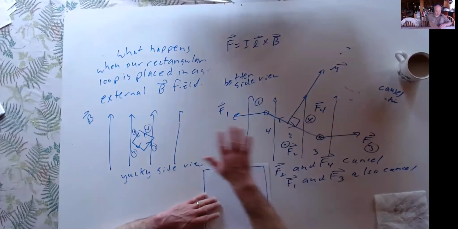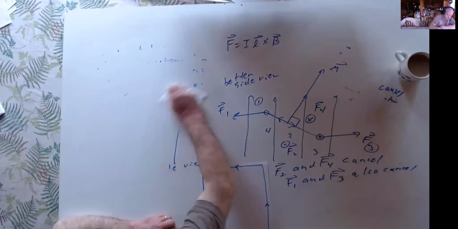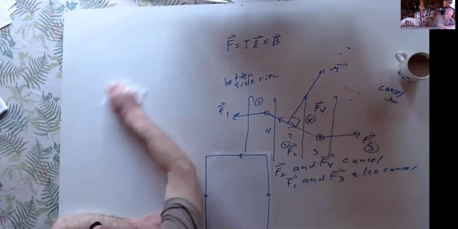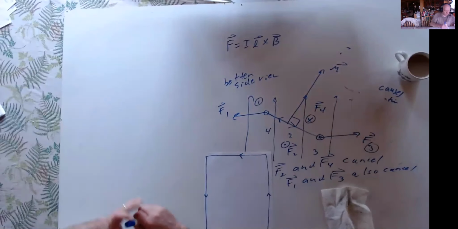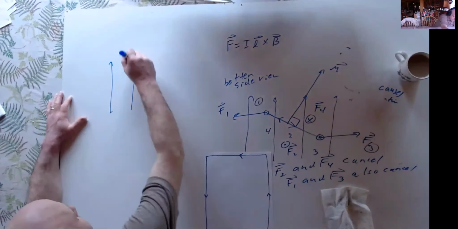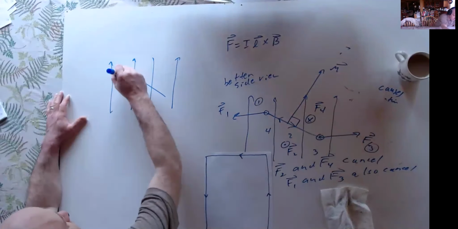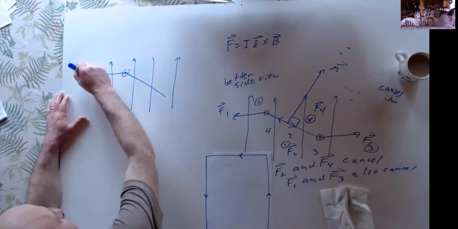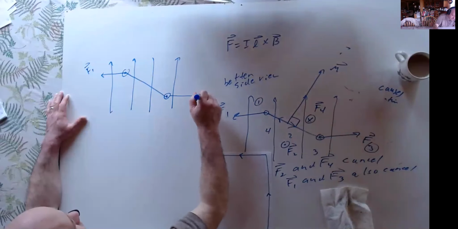I'm going to redraw this picture over here, but with less clutter. And again, this is almost exactly the same proof we had for the electric dipole case. So if I draw that, we have this guy here, this is our F1, and this is our F3.